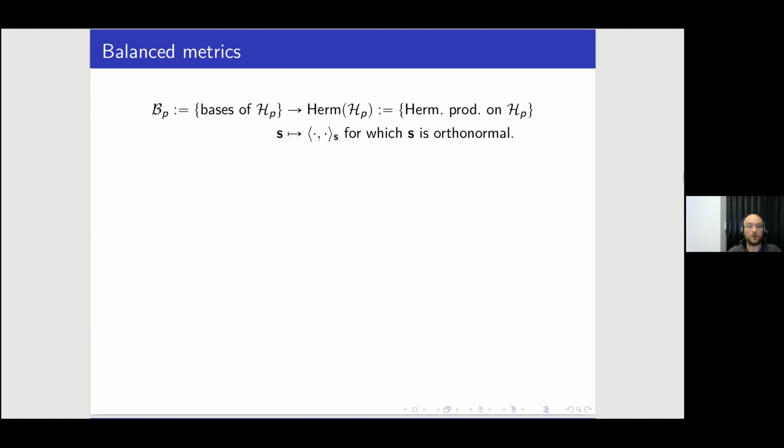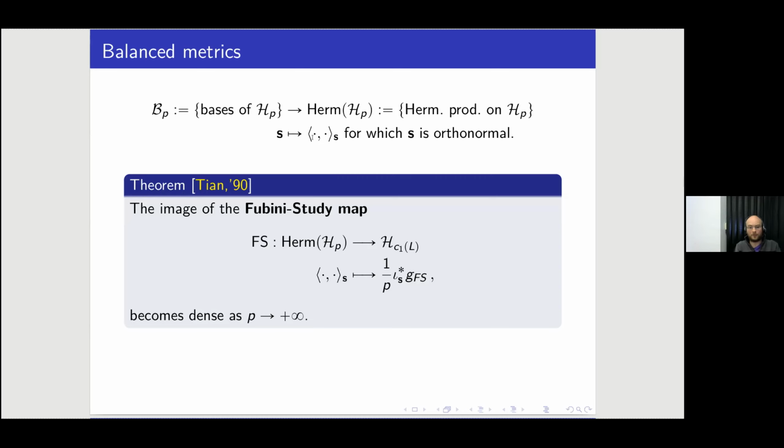So note first that if you have a basis of H_P, then it gives you a Hermitian product on H_P for which s is orthonormal. And then the famous theorem of Tian tells you that the image of the Fubini-Study map, which to a Hermitian product on H_P associates the induced Fubini-Study metric pulled back on X, becomes dense as P tends to infinity, right?